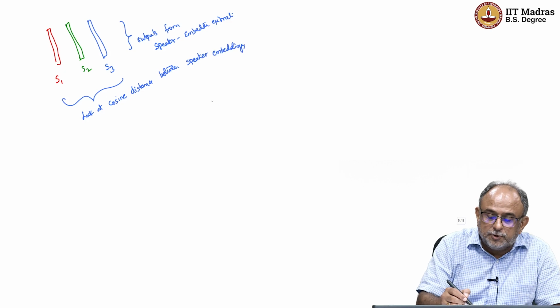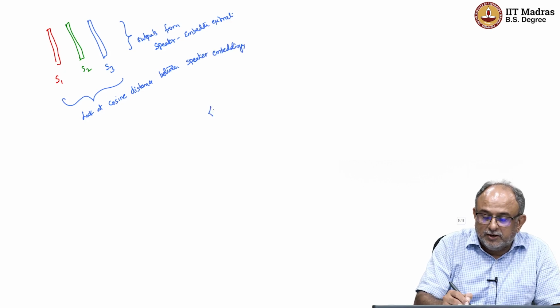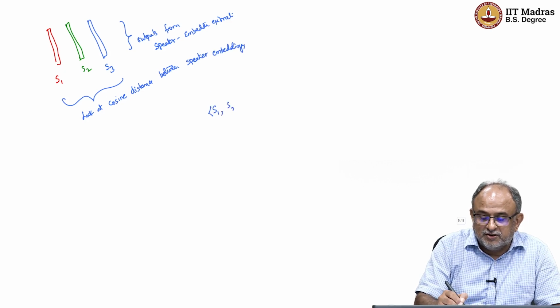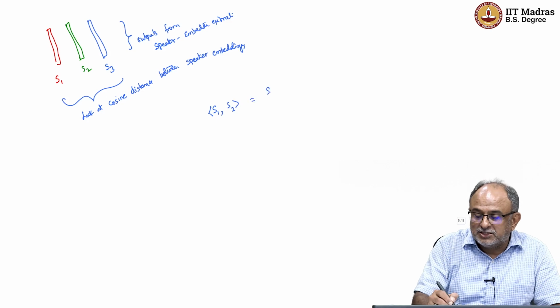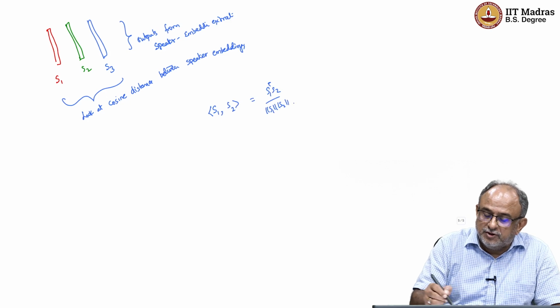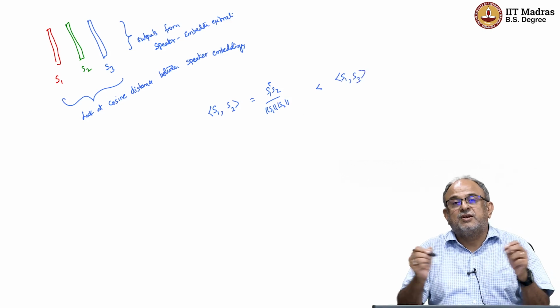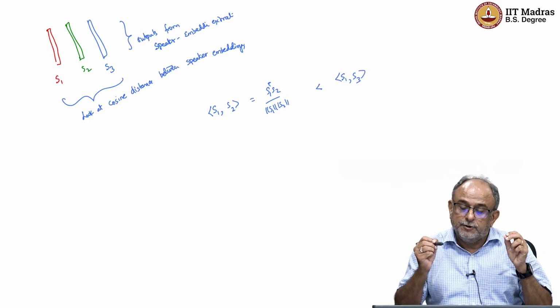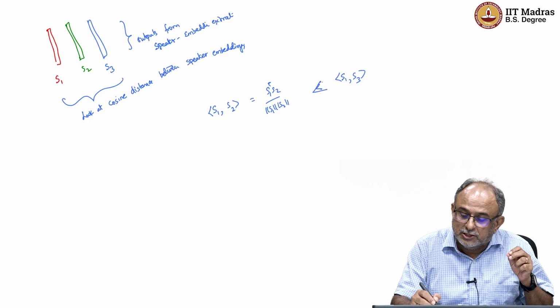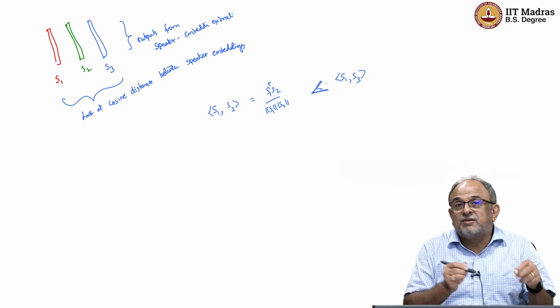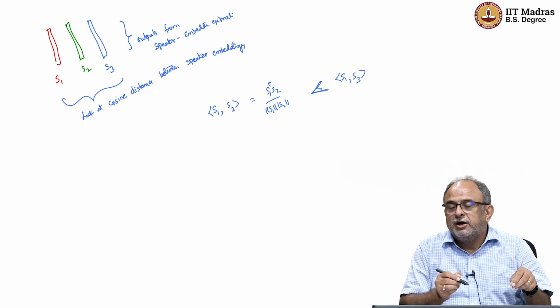Okay. So, suppose this is a cosine distance, let us say between S1 and S2. Remember, I can just do S1 transpose S2 by S1 S2. Then, if this is smaller than the S1, S3 distance, we say S1 is closer to S2 compared to S3.